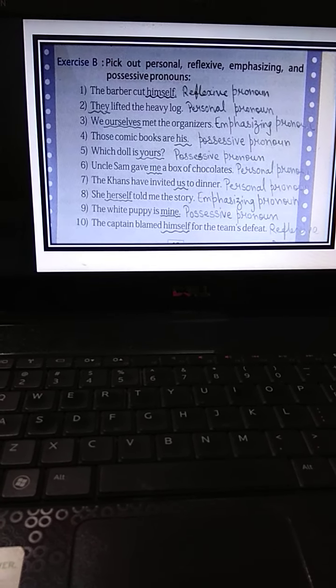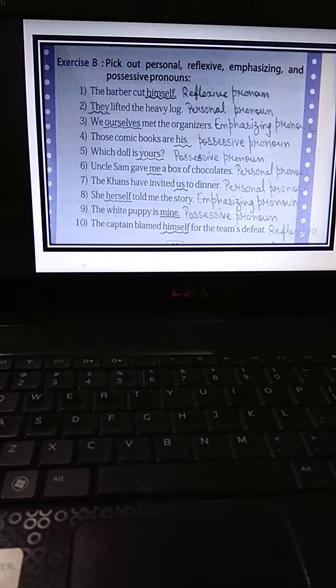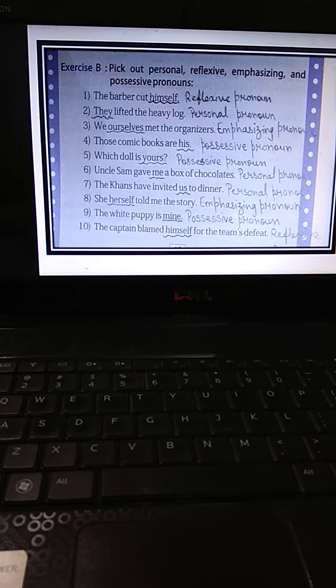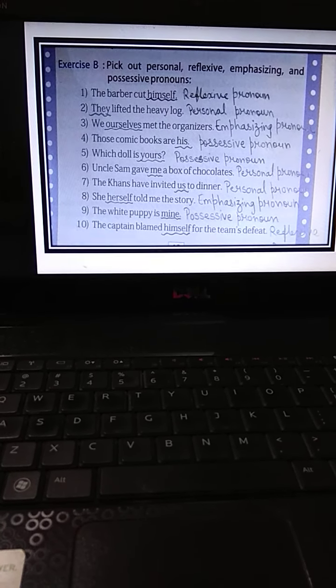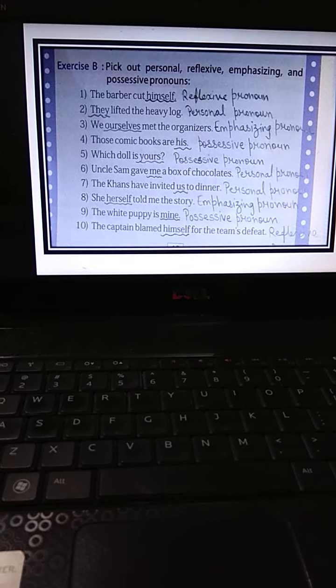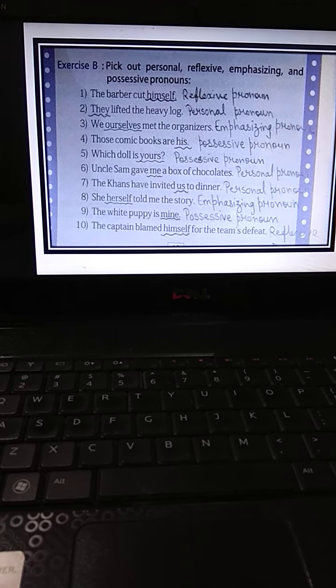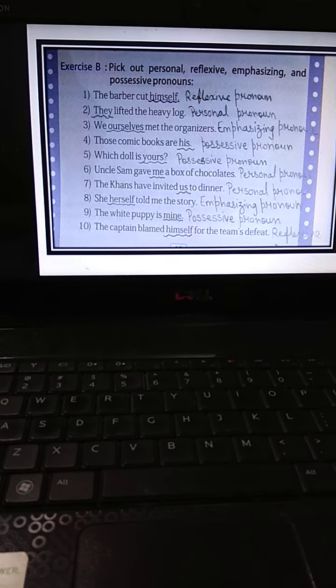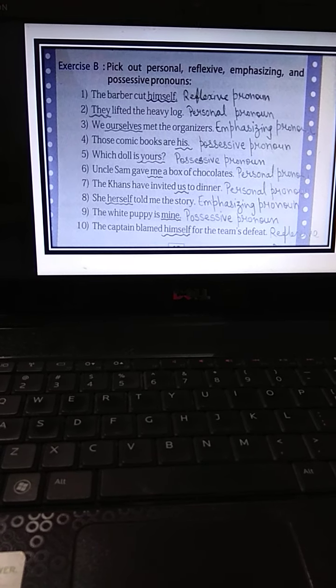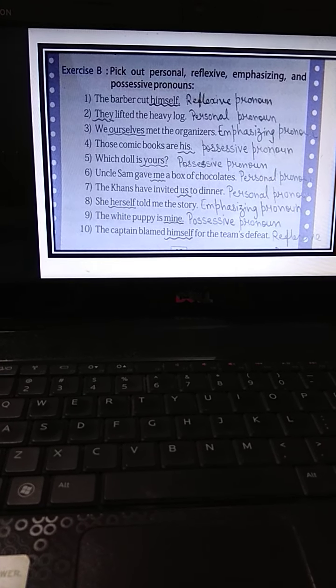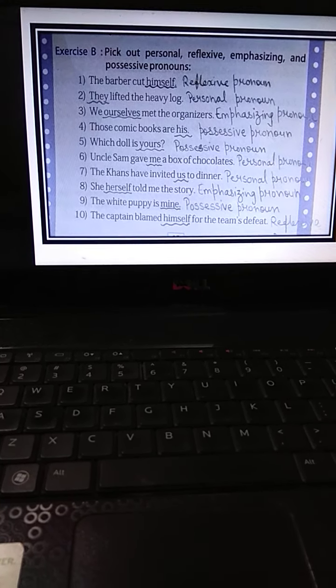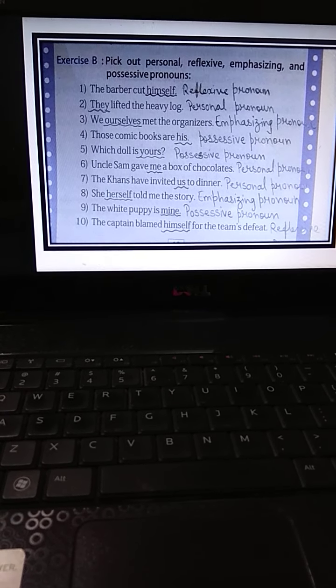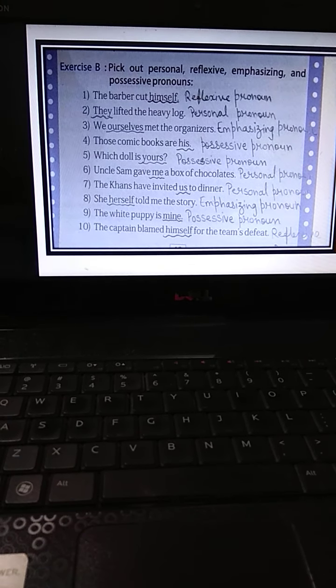Which doll is yours? Yours, possessive pronoun. 6. Uncle Sam gave me a box of chocolates. Me, personal pronoun. 7. The Khans have invited us to dinner.